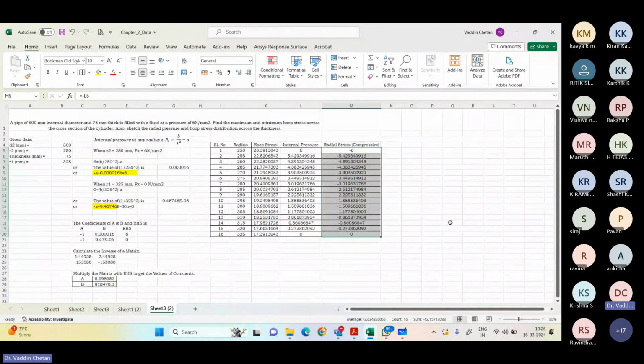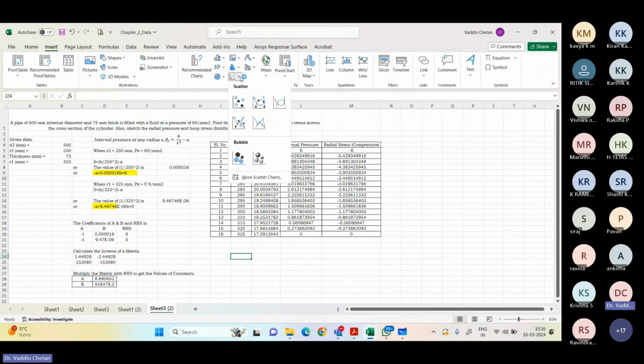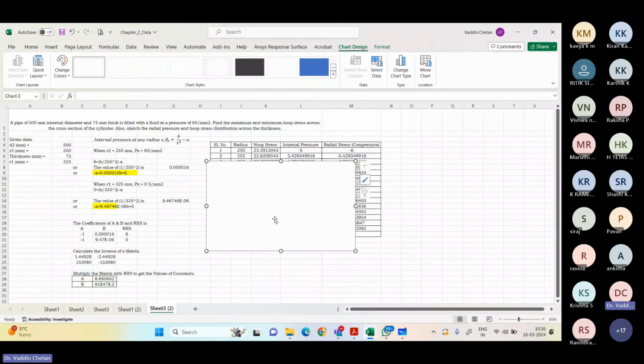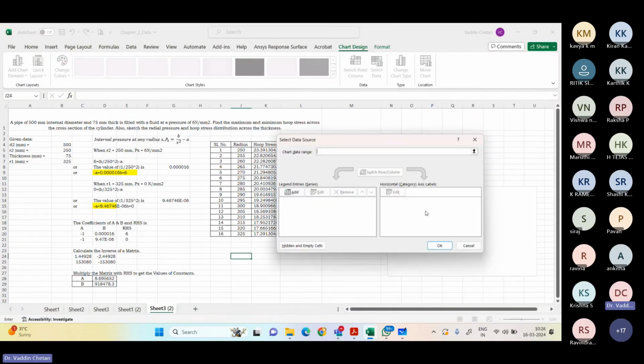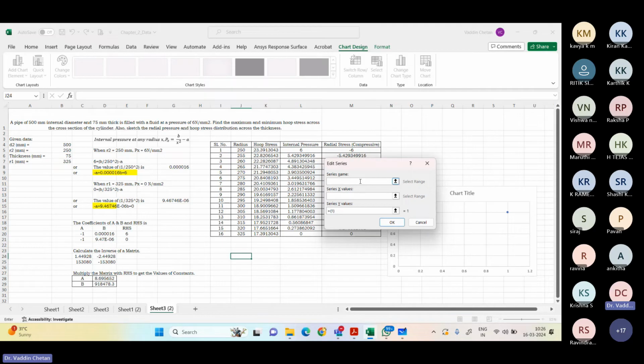So now what I do, we can draw the internal pressure distribution. I will go with the scatter plot, insert scatter plot with markers. I will right click on that, select data, chart type, series name. The first one is hoop stress, right? My x values is this, and my y values will be hoop stress.